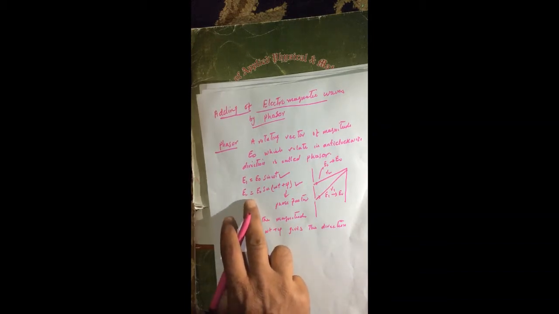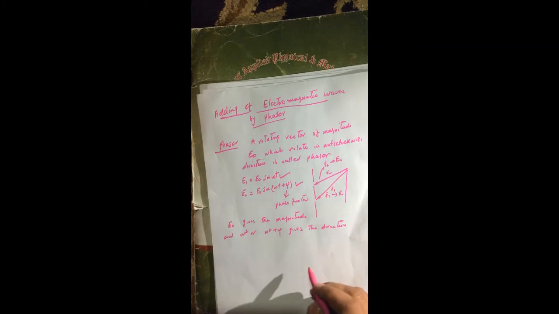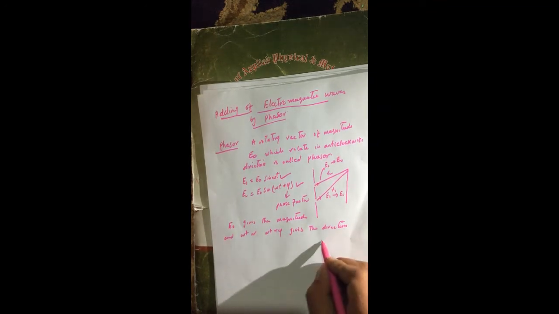Now, the waves with components E1 and E2 are represented by a phasor of magnitude E naught. Suppose we have two vectors which I represented here. Let's suppose this is E1.